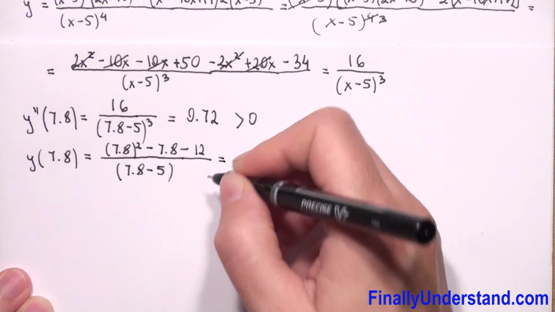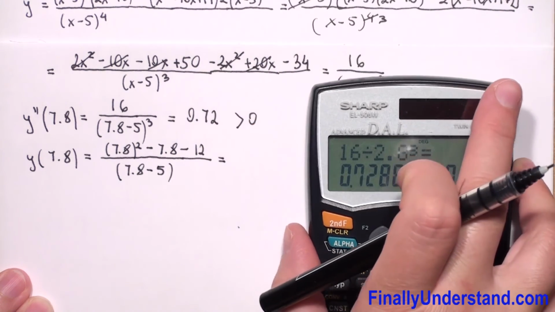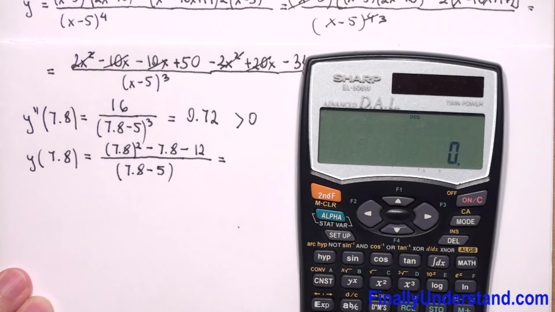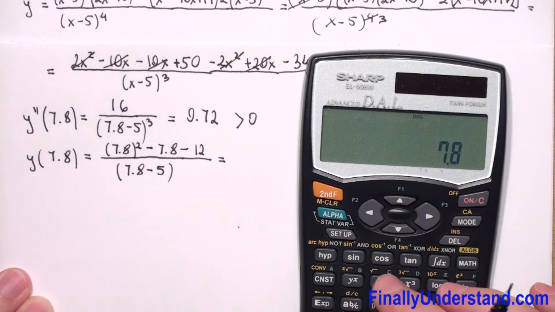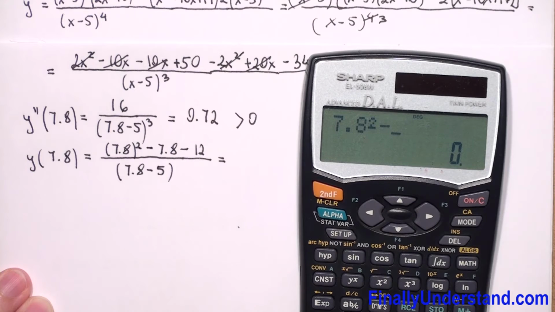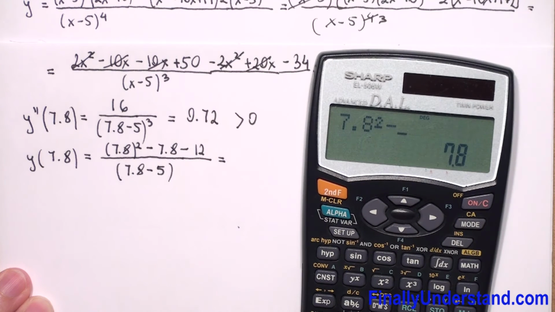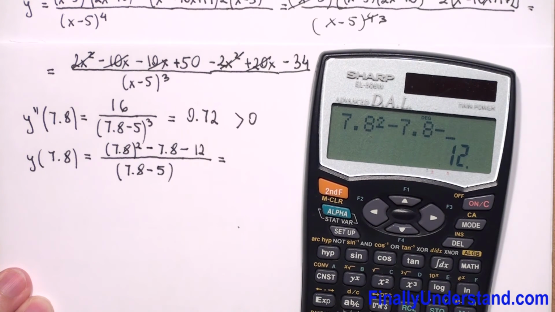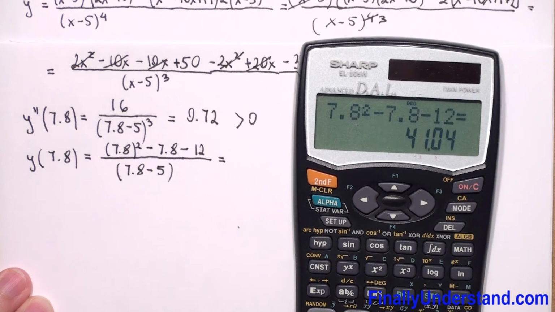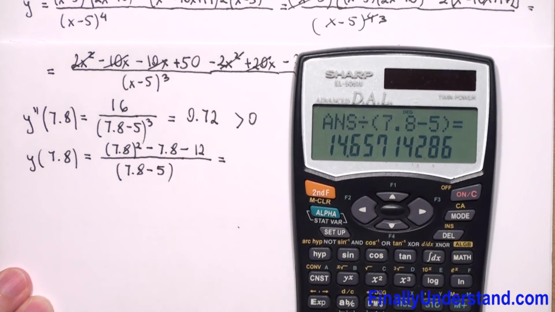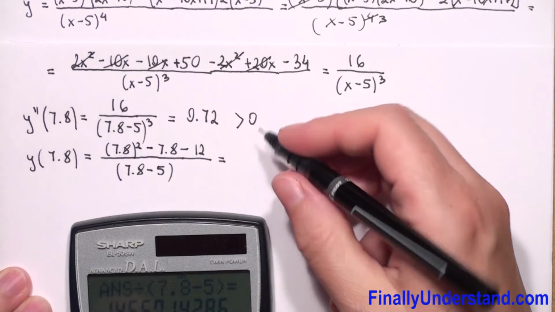We can use the calculator. So we have 7.8 to the second power minus 7.8 minus 12, divided by, open parenthesis, 7.8 minus 5, close parenthesis. This is equal to 14.65.